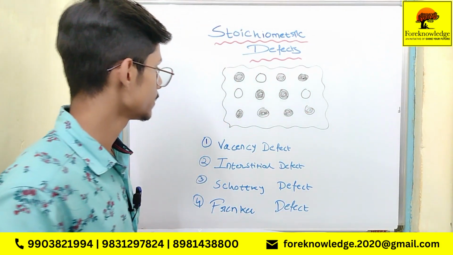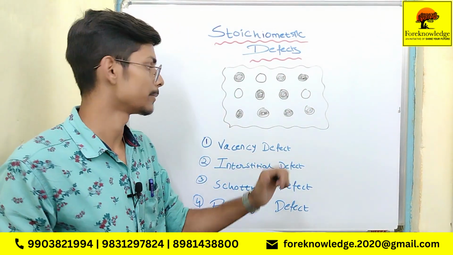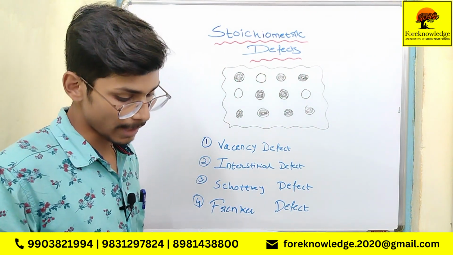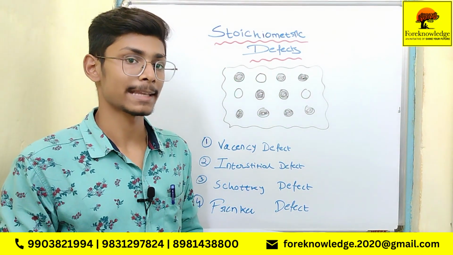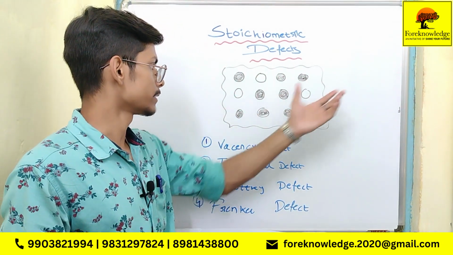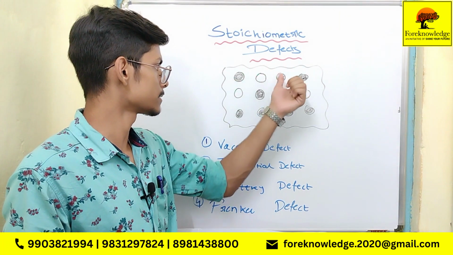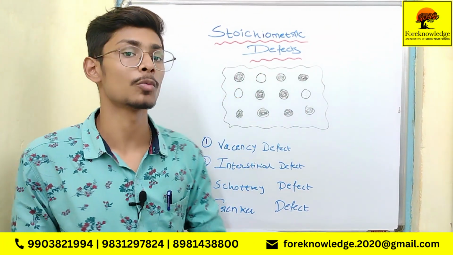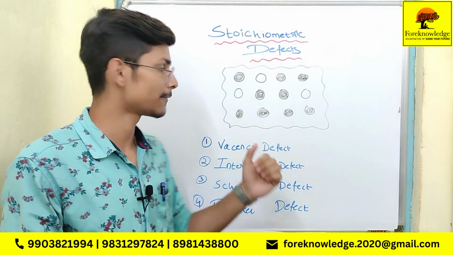Consider I am explaining vacancy defect. Consider this is a structure of crystal. Now, when some of the lattice sites in the crystal are unoccupied, it's a lattice site you can see, and some of the lattice sites are unoccupied. That means it is vacancy defect.